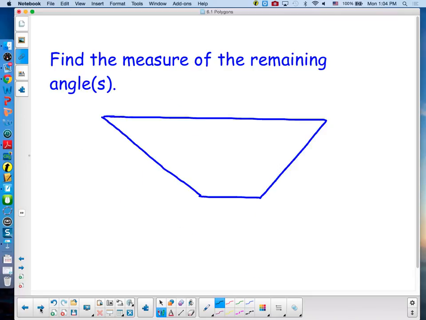Okay, next one, find the missing angles. Okay, this one's a trapezoid look to it. So this one might be 140, and this would be 40. Let's make this one 152. Find the missing angle. Usually the picture might not look like it matches the number.